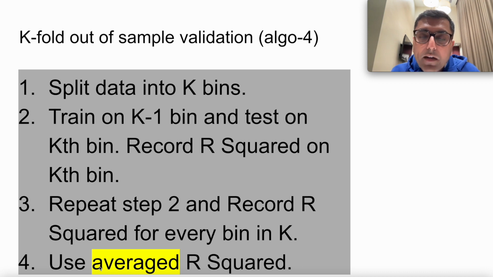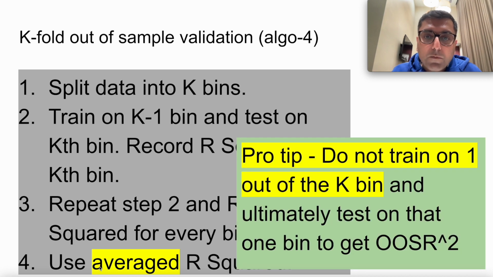That is a better predictor of your machine learning model's prediction capability. So in a sense, this helps you not take one specific R squared for one bin, but you average it out.